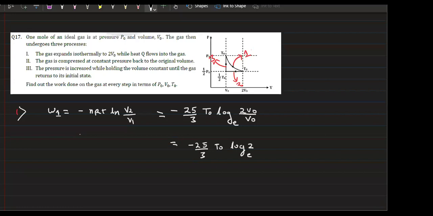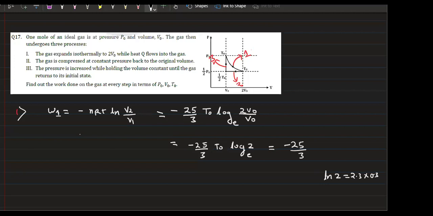Or if you want to find the value, it will be minus 25 by 3. Now log 2 base e is 2.303 into log 2 base 10. So ln 2 is equal to 2.303 into, tell me, log 2, which is 0.3.